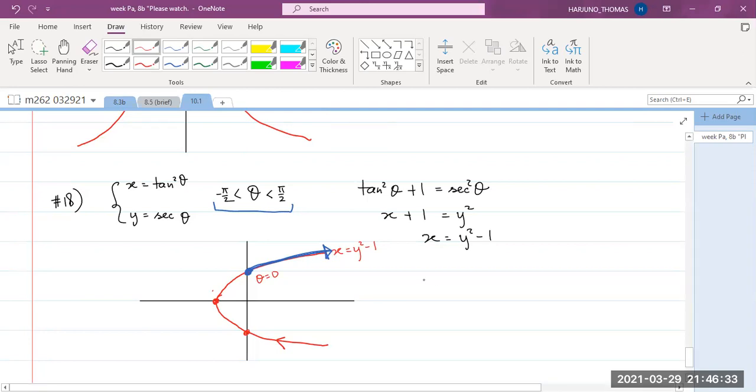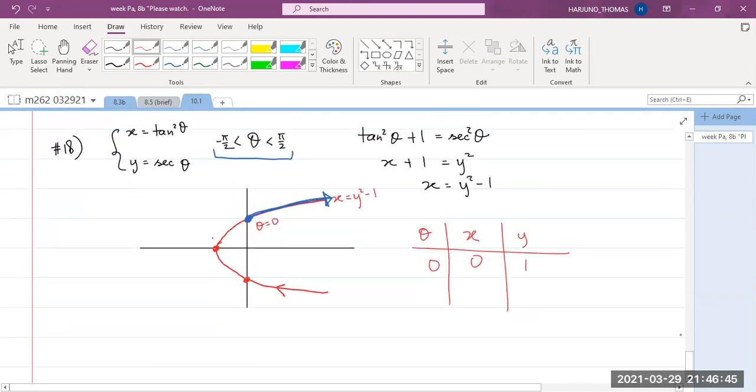Okay, let me start from this. When theta equals 0, the x is 0, the y is 1. Is it right? Okay. I keep on thinking that when theta is slightly less than 0, it's supposed to move in this direction. It turns out that it's not the case.